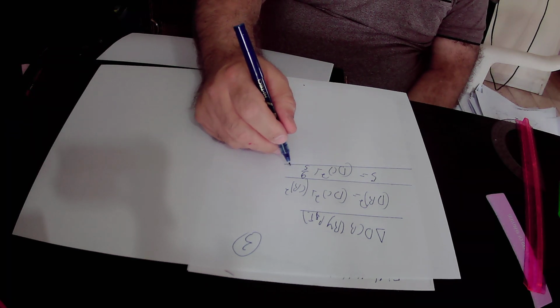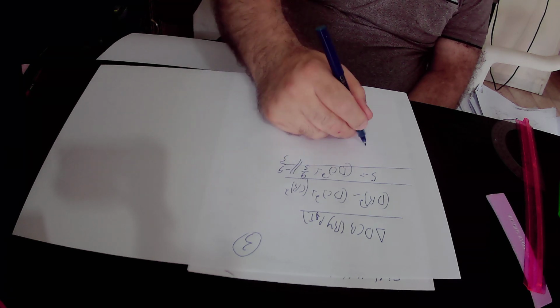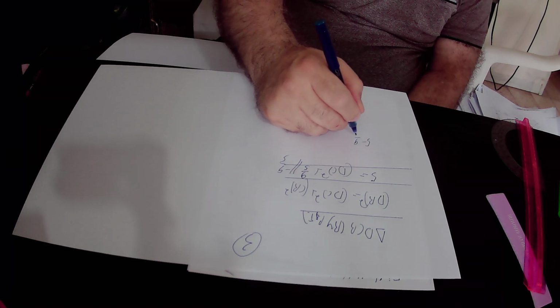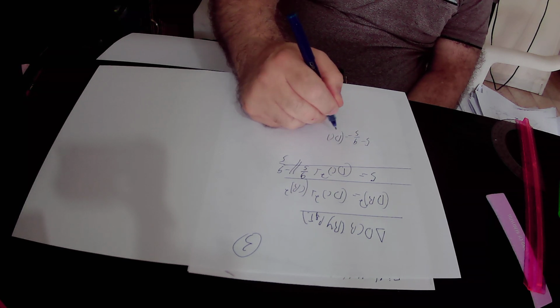So we subtract 9/5 from this equation, and we get that 5 minus 9/5 equals DC square.